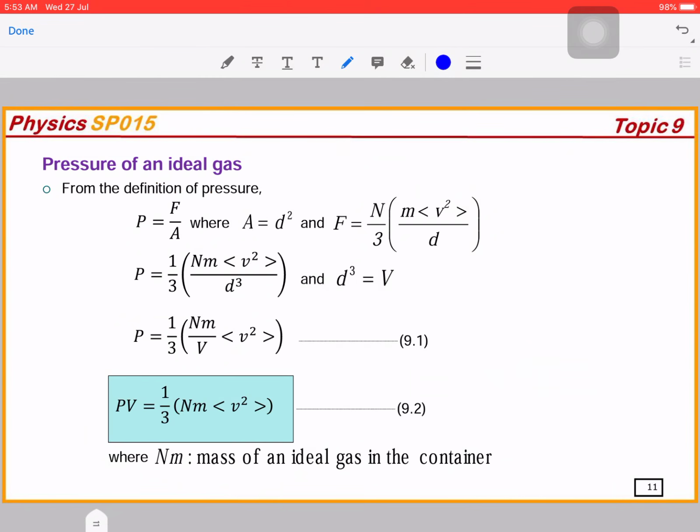And then pressure of an ideal gas. Okay, since we have the definition of pressure, P equals F over A, and A equals D squared, and F equals N over 3 m mean V squared over D. So we will get PV equals 1 over 3 nm mean V squared.